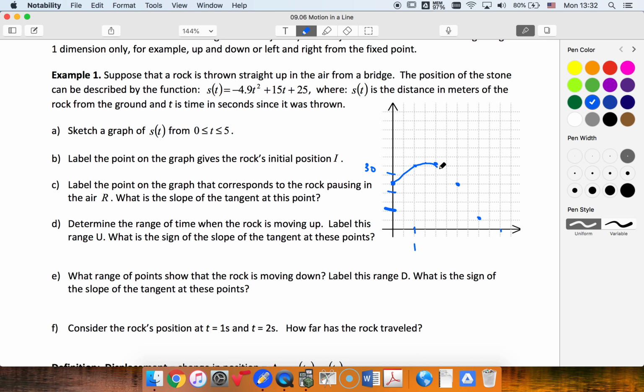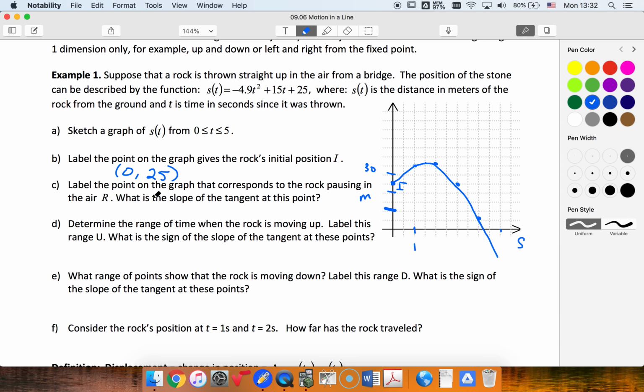Try to make a smooth picture if you can. And we know that we're ending up somewhere down here. So here's my initial position. It tells me to label that as I. So that's also going to be (0, 25). Basically this is saying that the bridge is 25 meters above the ground. I've got meters over here, seconds over here.